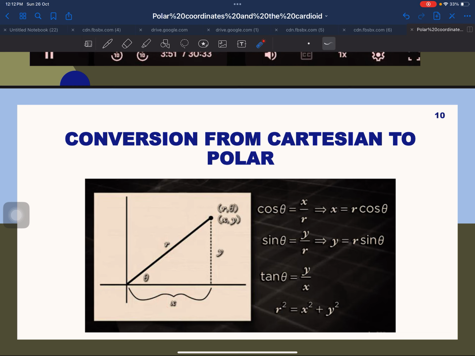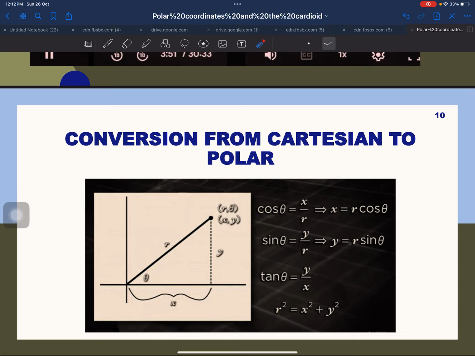So x is r cosine theta. And then y would be given by r sine theta, from sine theta equals opposite y over r. So y is r sine theta, opposite over hypotenuse.